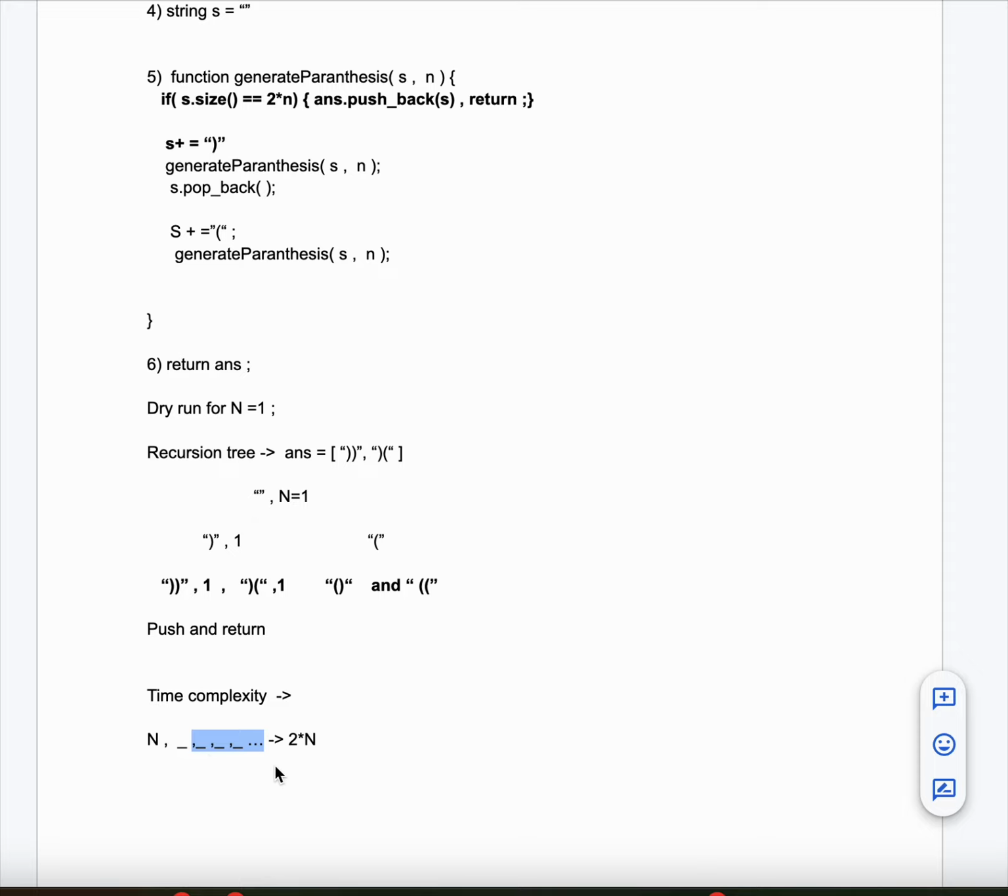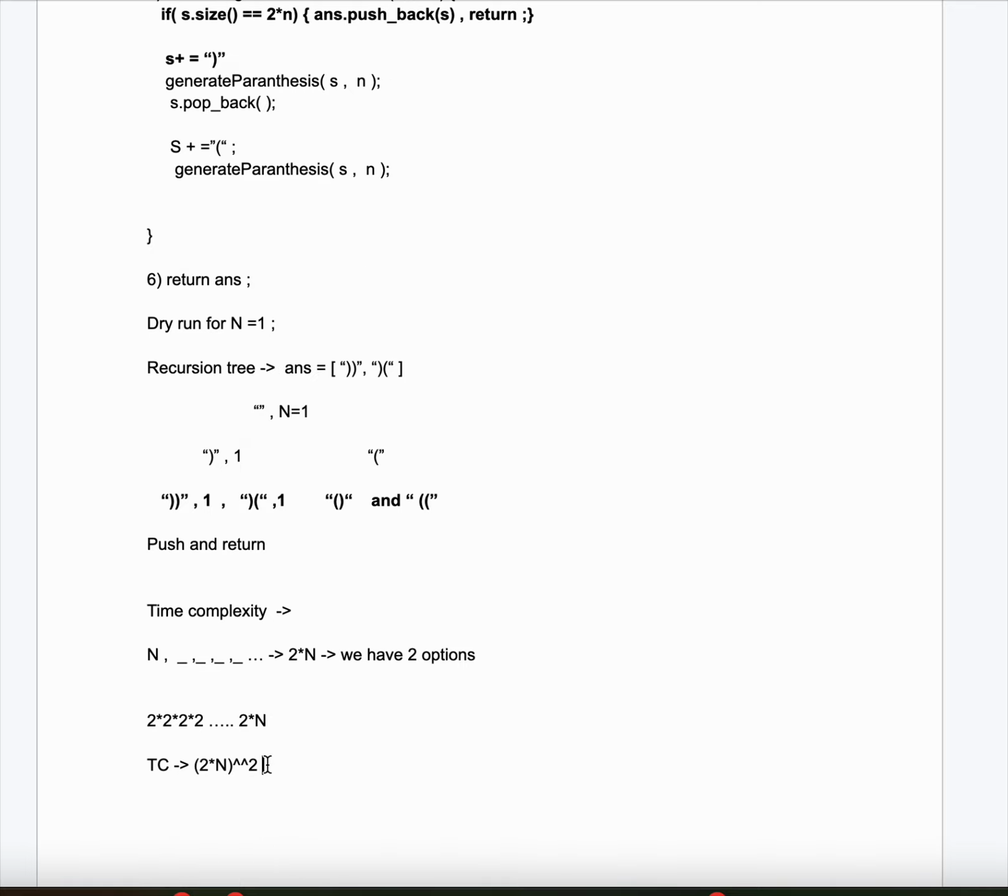So for all 2n spots we have 2 options, so we multiply 2 by 2 for each spot, which gives 2 to the power 2n. In big O, it will be O(2 to the power n).